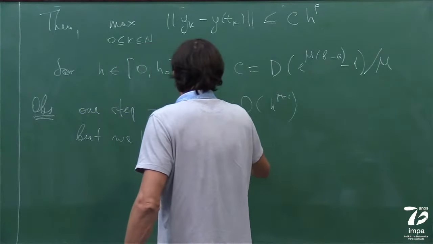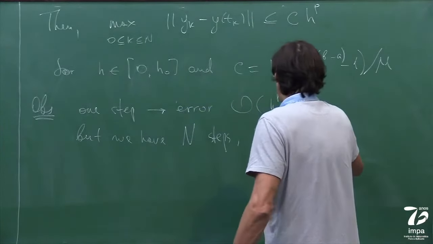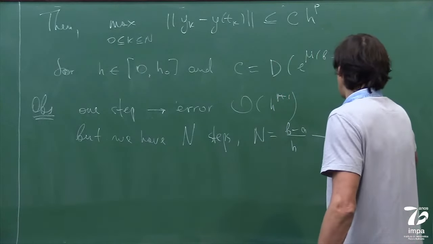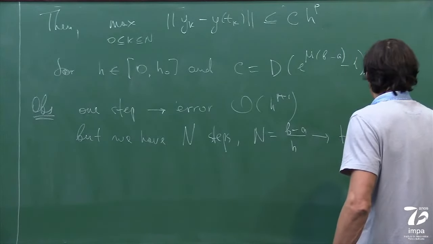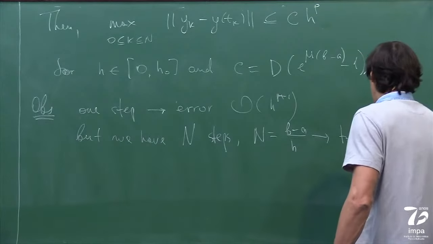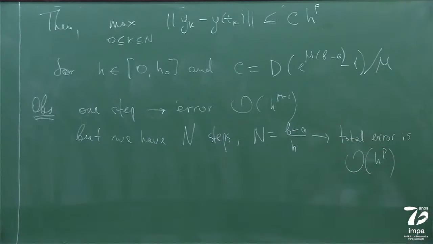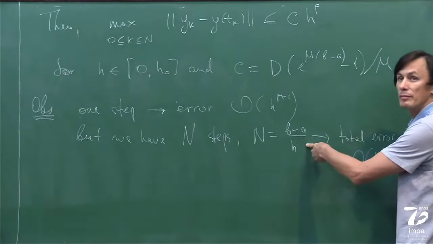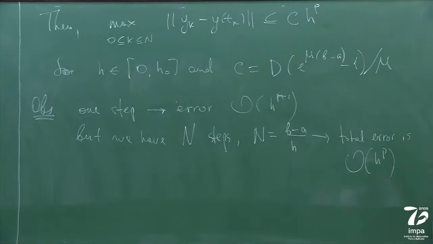We have N steps, right, where N is b minus a divided by h. So the total error is h^p, because you see this one cancels with this h. Every step gives an h^(p+1) error, but you have to multiply by the number of steps, assuming that errors accumulate, and then it gives you h^p.